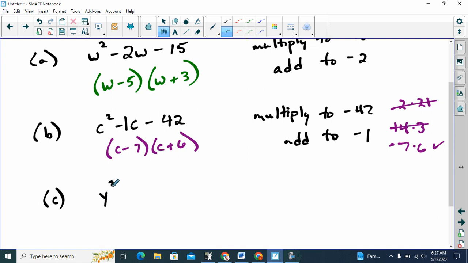Part C, let's go y squared plus 3y minus 18. Here I'm looking for two numbers. Those two numbers need to multiply to negative 18, and they need to add to 3.